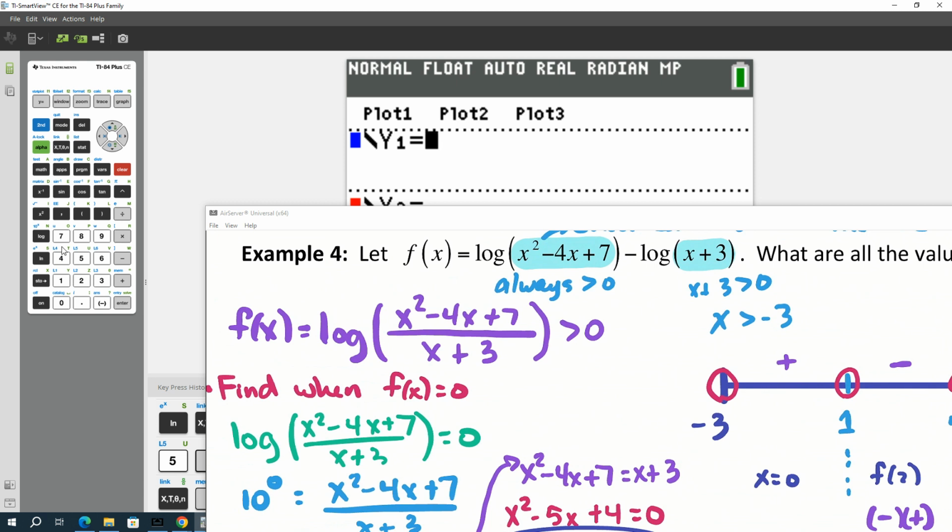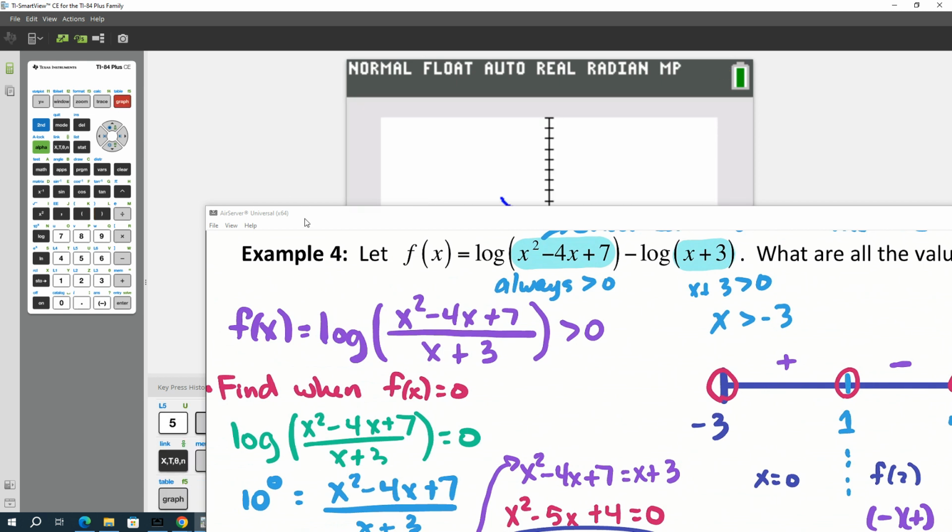We haven't done it a lot on the calculator. It's just the button beside 7. So that should be it.